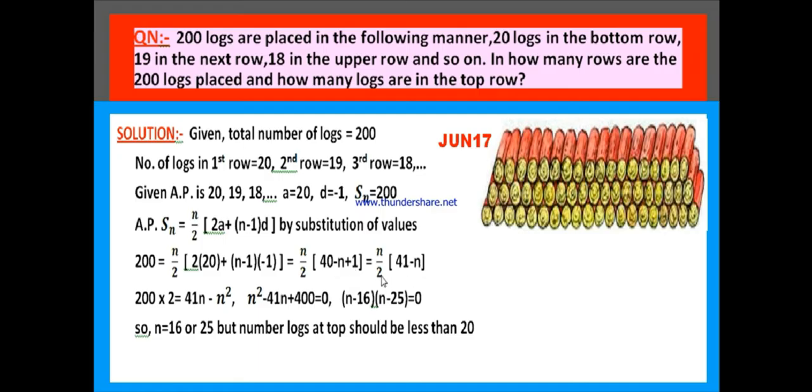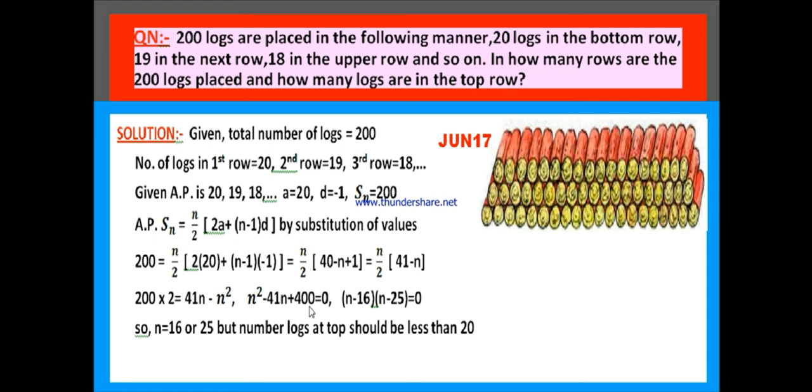Now take this divided by 2 to the other side. Then 200 into 2 is equal to n into 41, 41n, n into minus n, minus n square. Bring all terms to one side: minus n square goes to the other side as plus n square, plus 41n goes to the other side as minus 41n, plus 2 into 200, 400, is equal to 0.